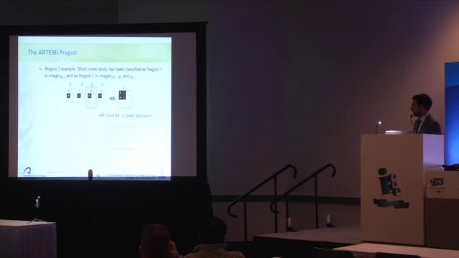This is an example in which we are not getting the whole high resolution frame at the output because the frame k minus 2 is based on region 1, so it won't give information to the high resolution grid.